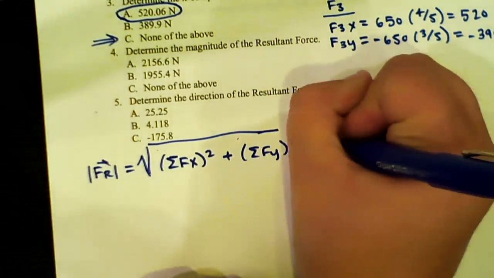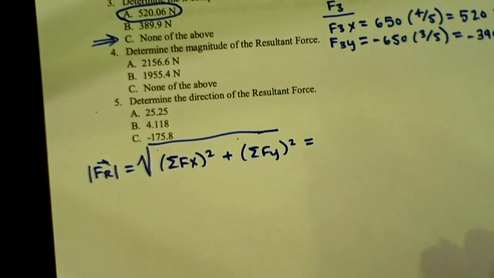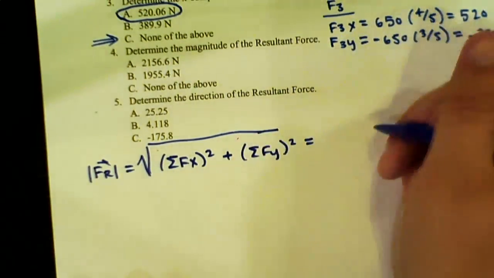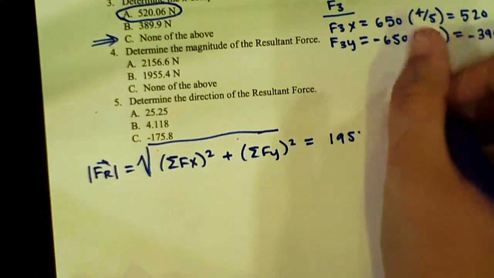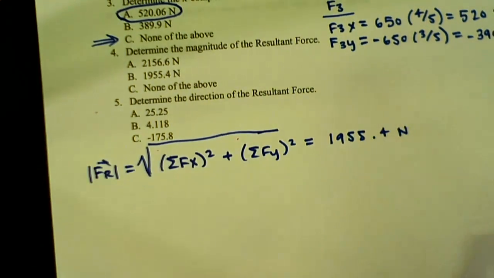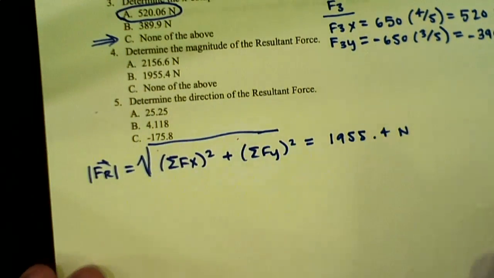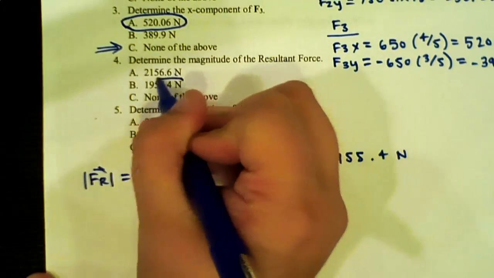Okay, so if we plug in our numbers there, we end up getting that our FR is going to be 1,955.4 newtons. So if we're looking at our answer choices, we see that the correct answer is B.